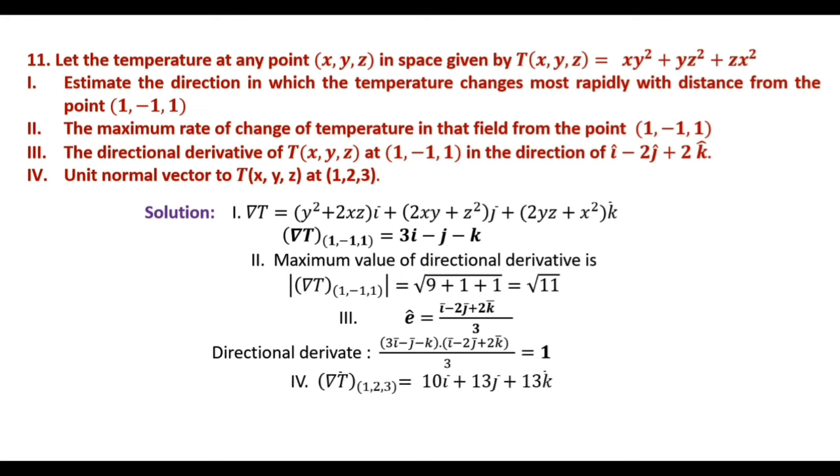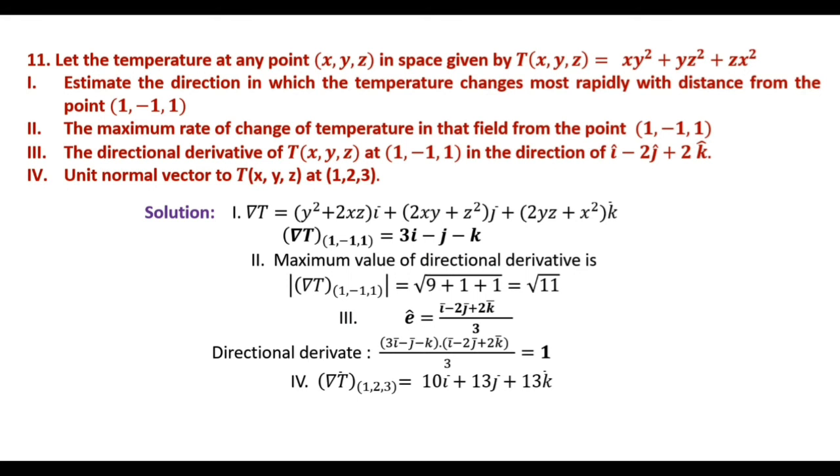The fourth one is the unit normal vector to the temperature function at 1, 2, 3. Del T we have already found in terms of x, y, z, but here the point is 1, 2, 3. Wherever you have x replaced with 1, y replaced with 2, z replaced with 3, you get this non-zero vector.